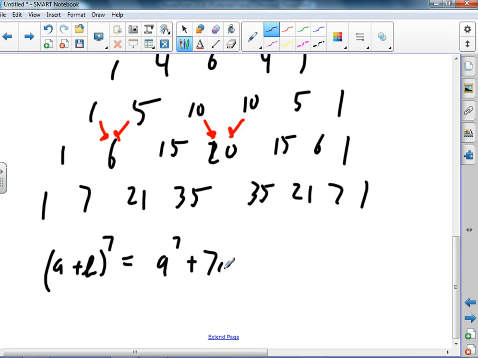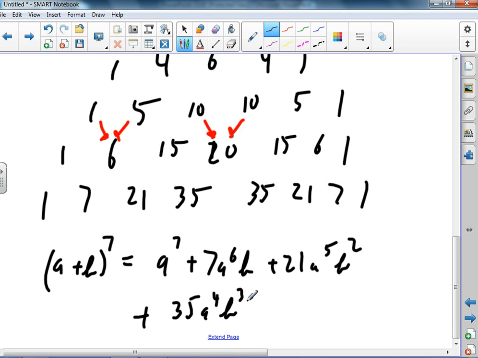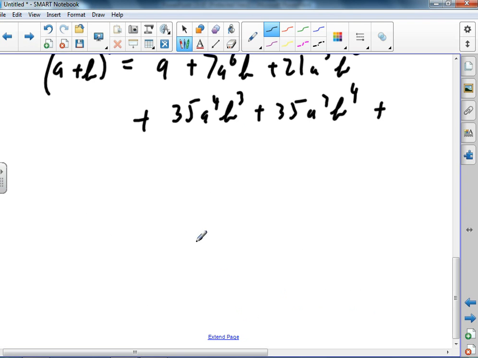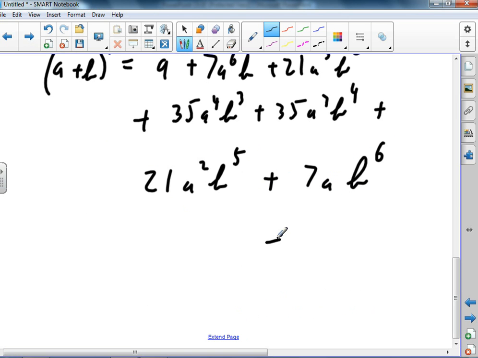So this would be A plus B to the 7th power: A to the 7th plus 7 A to the 6th B plus 21 A to the 5th B squared plus 35 A to the 4th B cubed plus 35 A cubed B to the 4th plus 21 A squared B to the 5th plus 7 A B to the 6th plus B to the 7th.